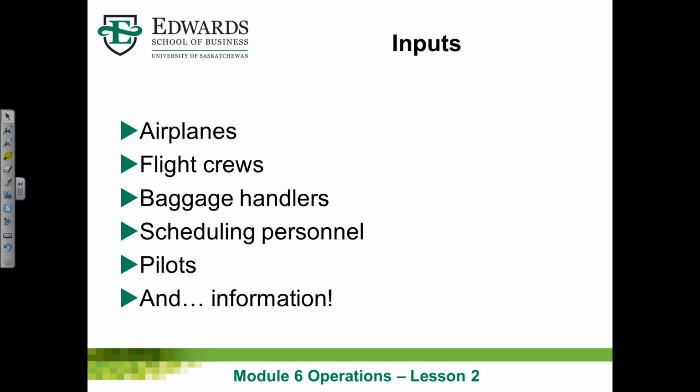So you can see all the different inputs that you would have if you were operating an airline. And by the way, I pointed at the bottom of the slide, another key bit of input you would have is information. Now, often when we think of inputs, we think of more of the tangible inputs. We think of raw materials, or we think of people, or we think of products. We think of tangible things that would be an input to an overall process.